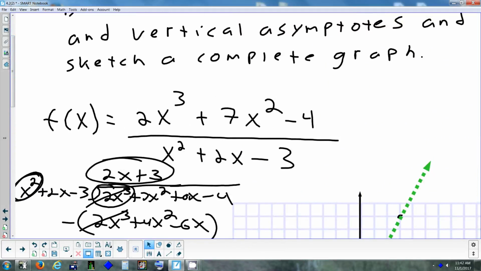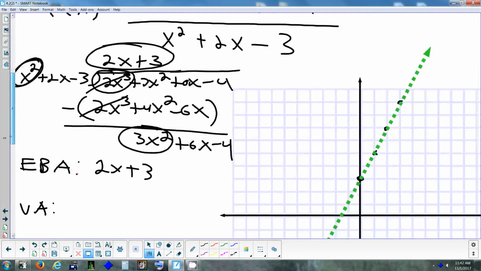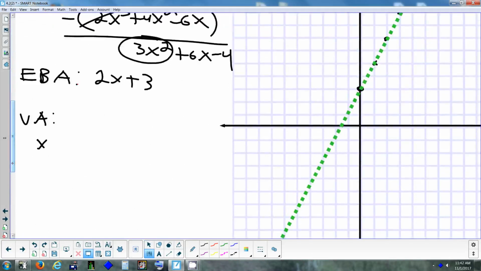You can't divide by 0, so set it equal to 0. x squared plus 2x minus 3 equals 0. When you solve a quadratic, your options are factoring or quadratic formula. Those are the two most people pick. If it factors, that's faster, and this one does.